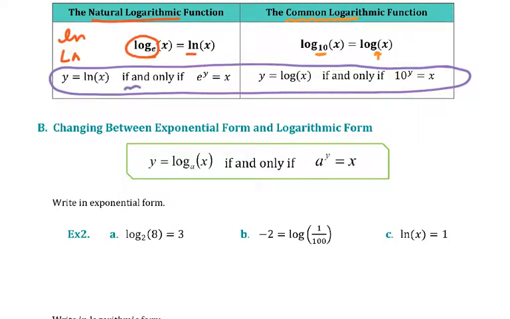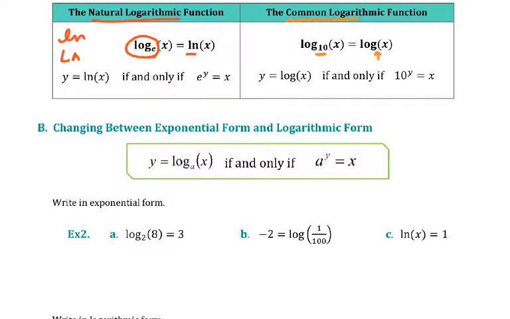These are if and only if statements, which are biconditional, and if and only if means we can go either direction, from log to exponential or exponential to log. The same goes for a common log: y equals log of x converts to 10 to the y equals x.